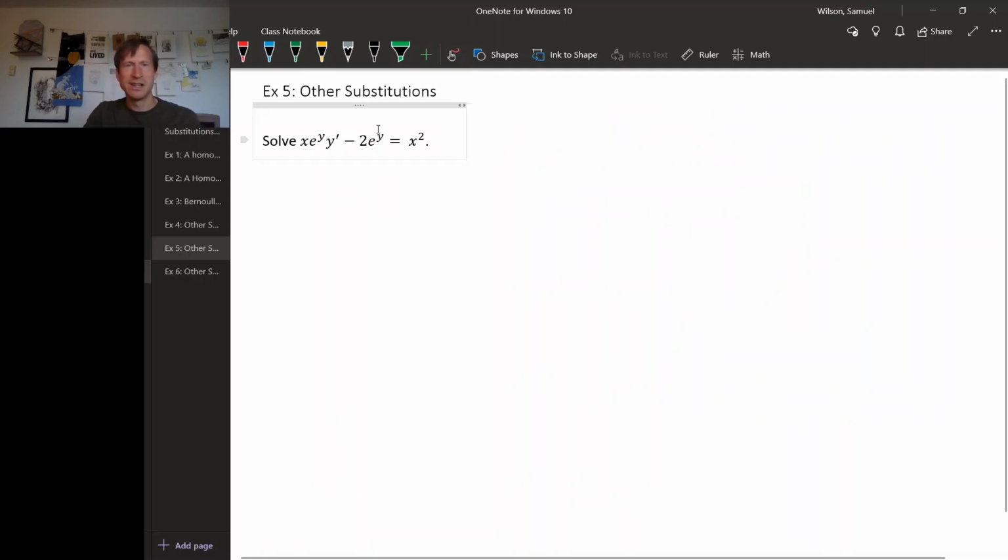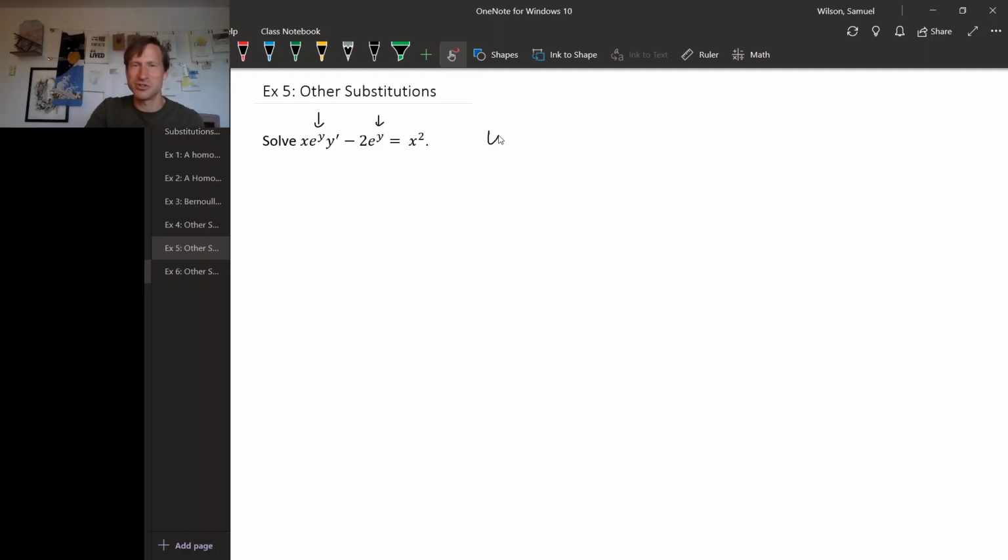So how about this one? x times e to the y times y prime minus 2 times e to the y equals x squared. This is extremely nonlinear, and not separable either. So this is a real mess. But since e to the y shows up in two places, it makes you think maybe that would be a good choice for a substitution.